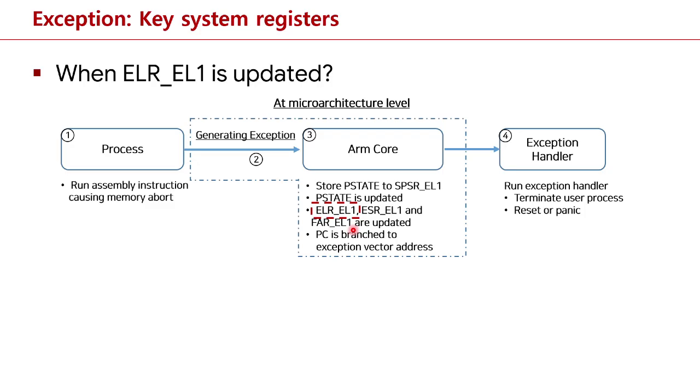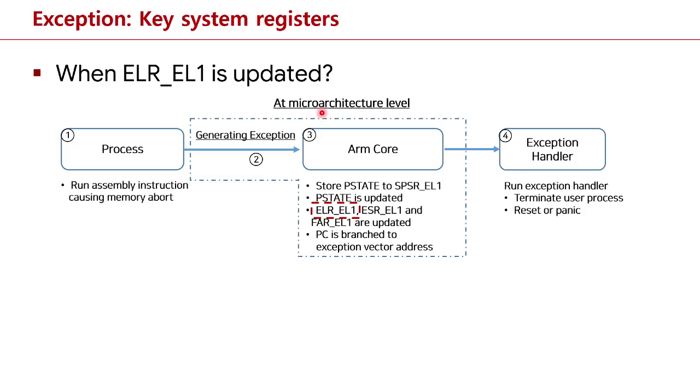Now another important key point is when this register is updated. Here is the diagram that explains how an exception is generated step by step at the architecture level. As you can see, there are 4 steps to generate the exception. When the memory overload occurs in the first stage, the ARM core will generate an exception. The box from step 2 and step 3 indicates the operation at the microarchitecture level.